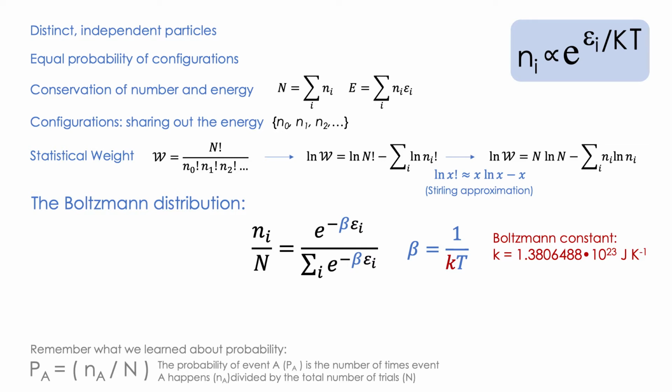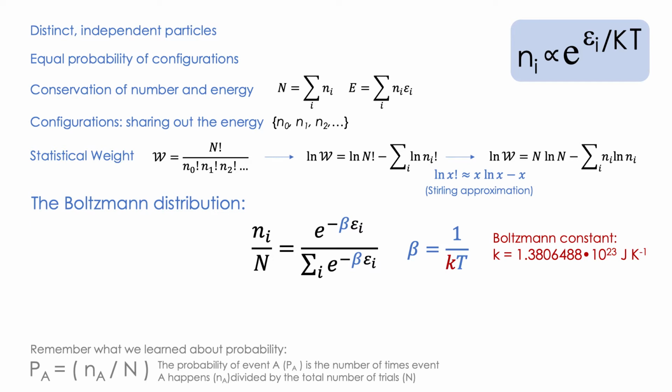So what we have there is a probability. So if we do this over all the different energy levels, so we calculate the probability of each of these states, what we have is a probability distribution.